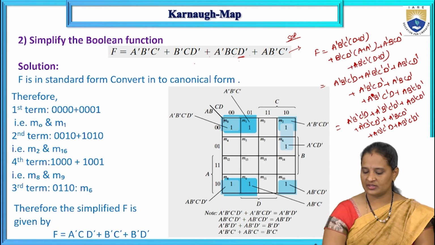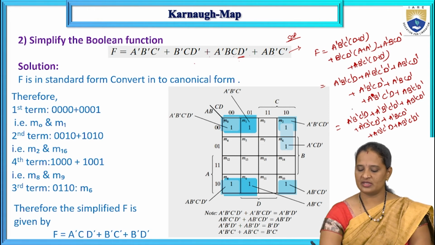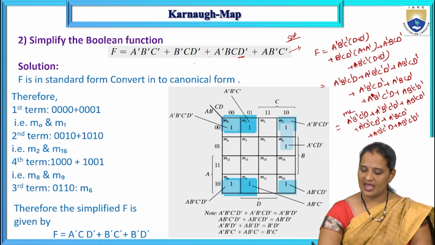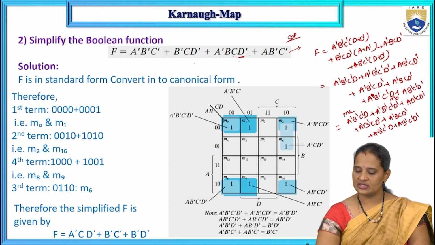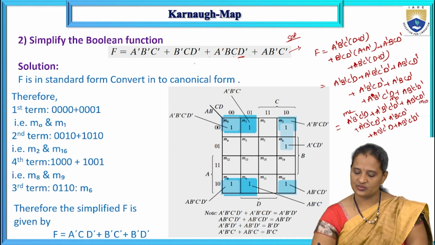So now I can write this one. A complement, B complement, this is M1 and this one is M0, and this one is 1, 0, 1, 0, that is M10, and this one is M2, and this one is 0, 1, 1, 0. This is M6, and this one is 1, 0, 0, 1, M9, and this one is M8.